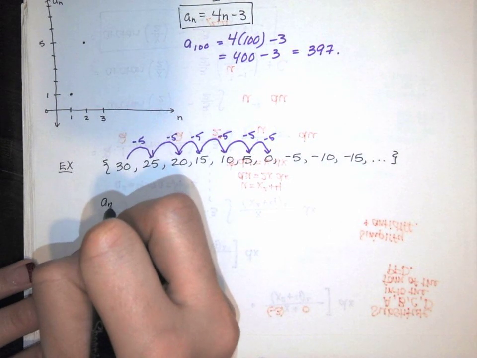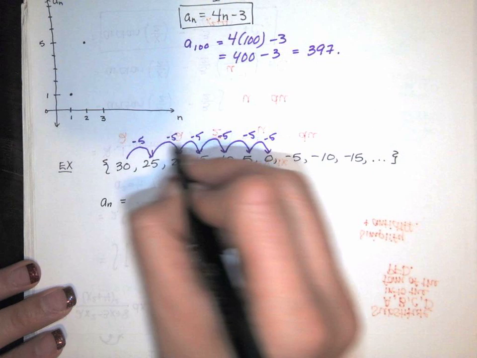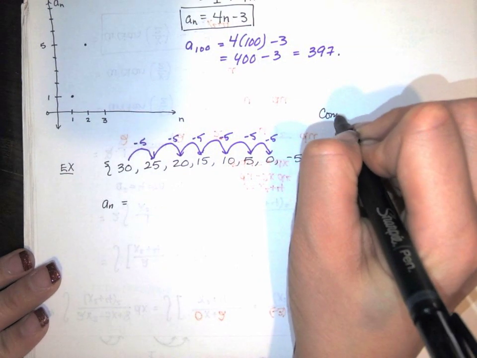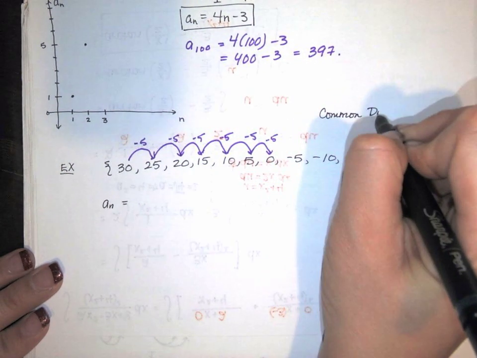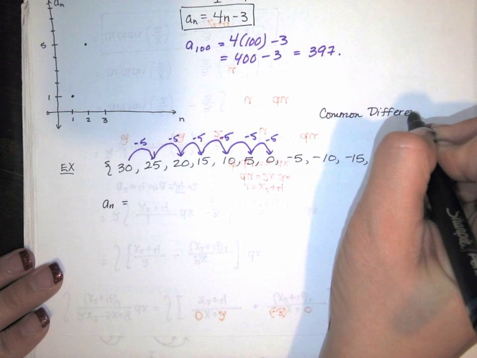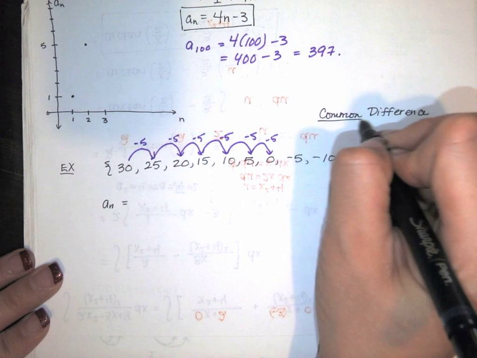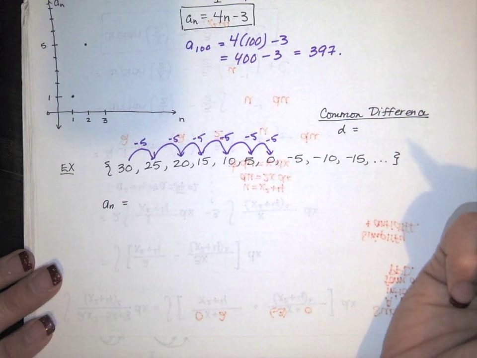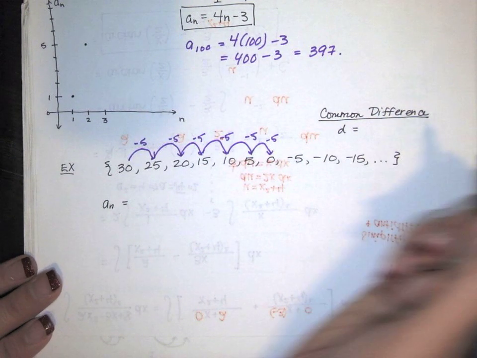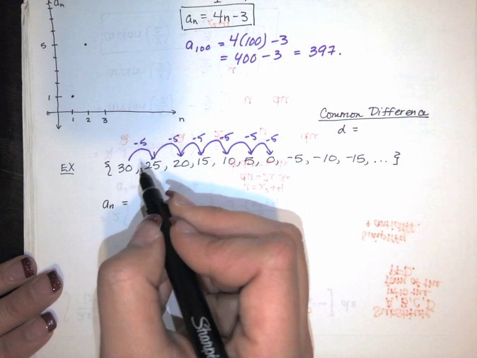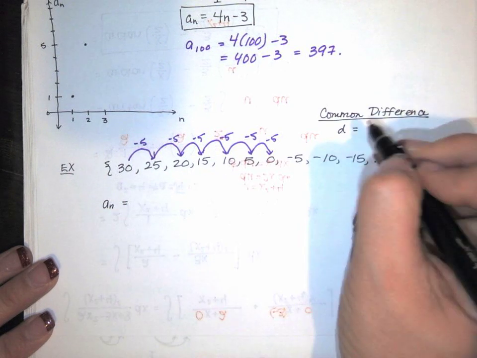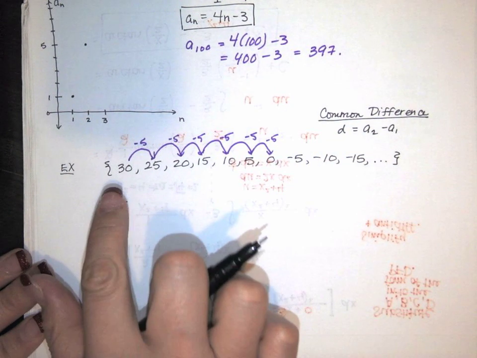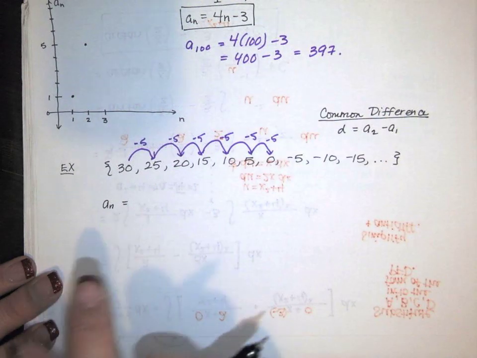So a sub n is going to be that common, sometimes people call it the common difference, sometimes people will label it with the letter D. It's just going to be a sub 2 minus a sub 1, provided that you add the same thing or subtract the same thing to get from term to term.